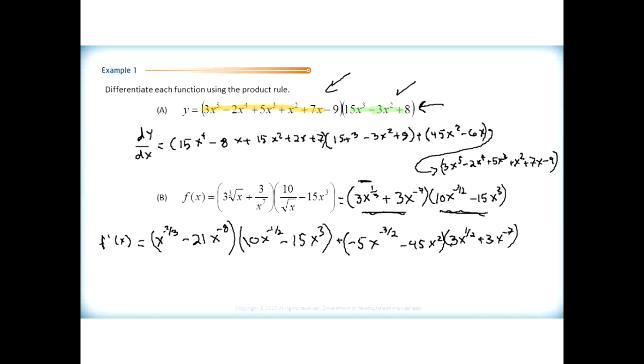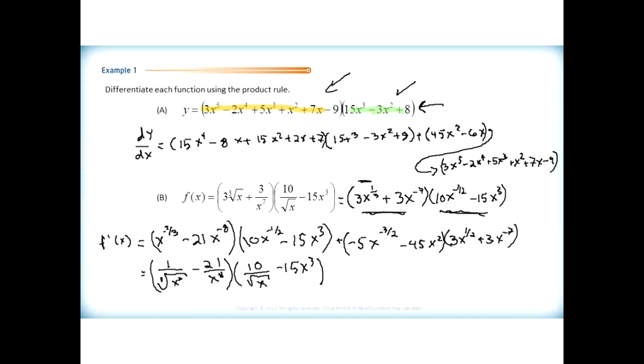Now if you wanted to simplify this a little bit, and I would usually require that my students don't leave any fractional or negative exponents at the very least, this would be 1 over the cube root of x squared minus 21 over x to the power of 8, multiplied by 10 over the square root of x minus 15x cubed.